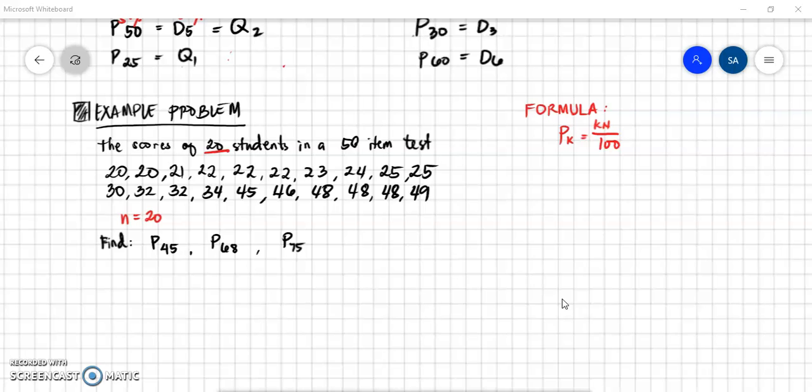Okay, to illustrate now the calculation of percentiles, percentile is used in ranking also. Ano yung number at percentile 5, ano yung score at percentile 75. Okay, para malaman natin sino yung mga top 1, top 2, top 3. Yan, ginagamit ang ating percentile ranking.